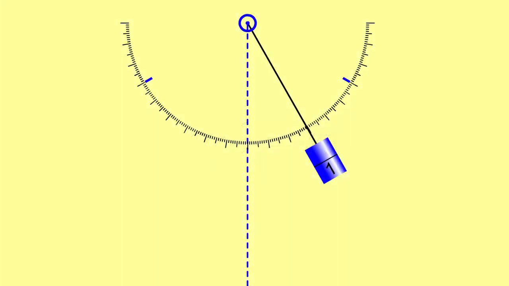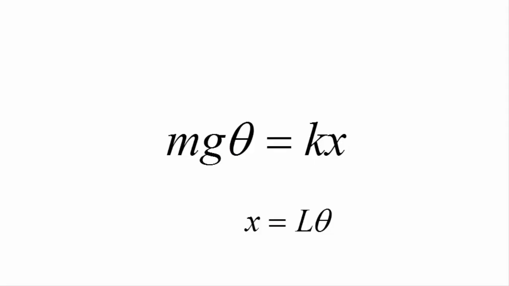The mass is displaced from its equilibrium a distance that is equal to the arc length of a circle through an angle theta. The arc length is defined as a product of the angle of the arc and its radius. In this case, the radius is the length of the pendulum. From this, we get the angle being equal to the displacement divided by the pendulum length.